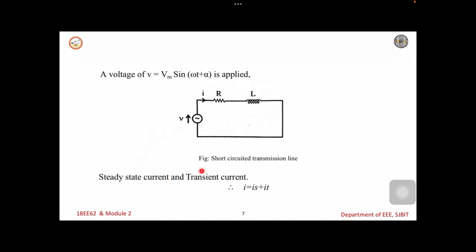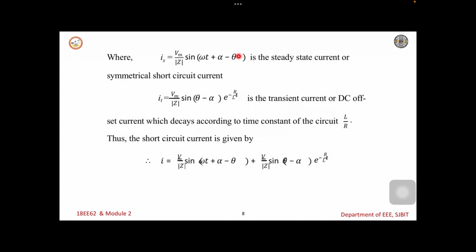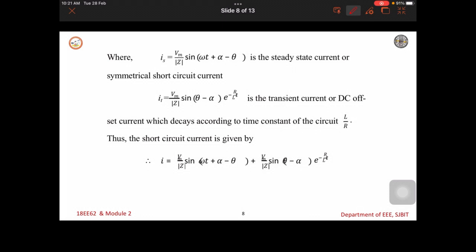The steady state current and transient currents put together will be the current I in the event of any disturbance. The current i(t) flowing in the circuit after short circuit can be arrived at by applying differential equations, Laplace transforms and some algebra. Here we have considered the current equation i(t) is equal to Vm by Z into sin(omega t plus alpha minus theta). It is the steady state current or the symmetrical short circuit current.